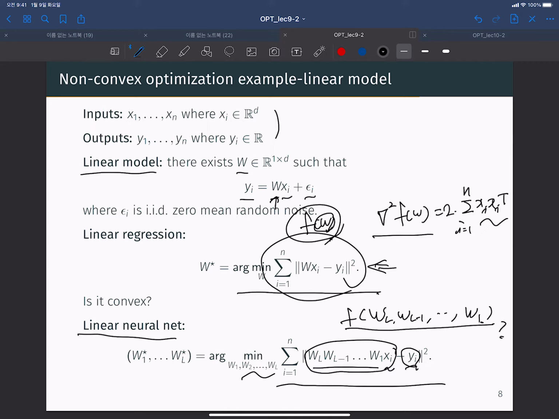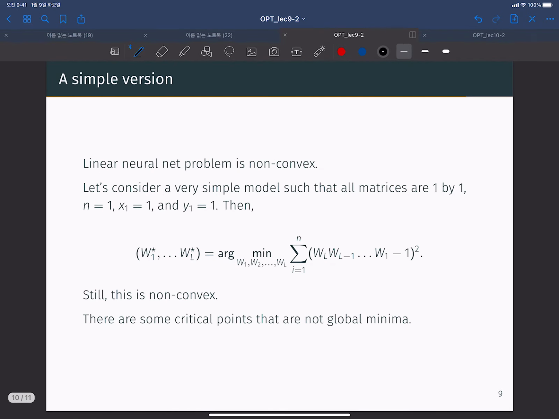Right. Let's say this is a function of your parameters WL, WL minus 1, up to W1. So is this convex? No, unfortunately this is a non-convex problem. So the linear neural net problem is non-convex. We can check this very easily. Let's consider a very simple model such that all matrices are 1 by 1 and there is only one data point, x1 and y1, where x1 equals 1 and y1 equals 1. So consider a very simple model, right?